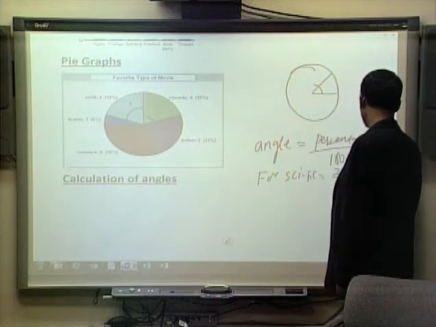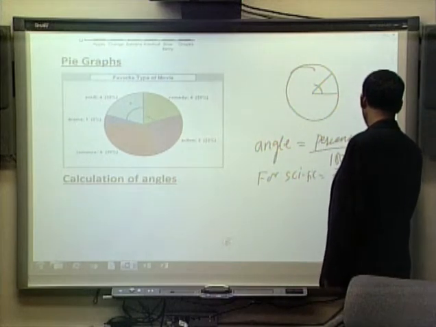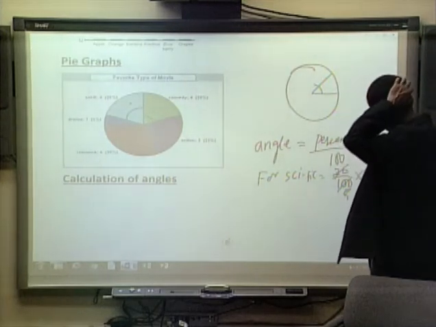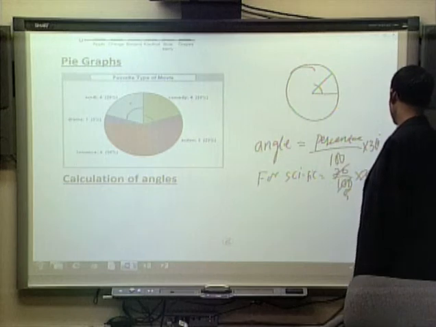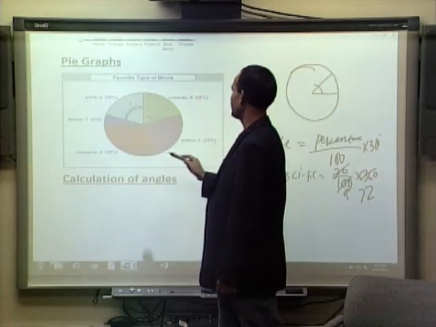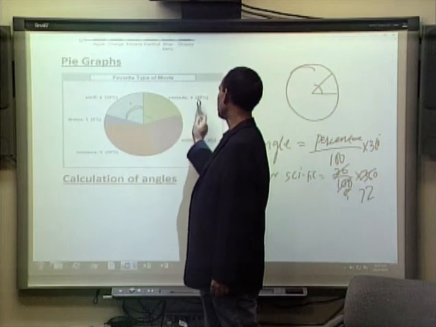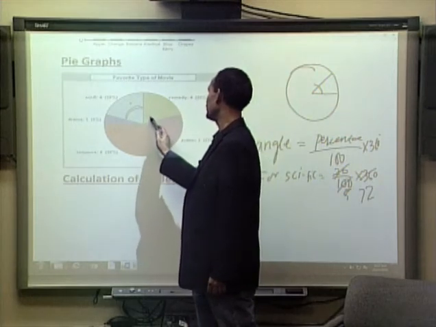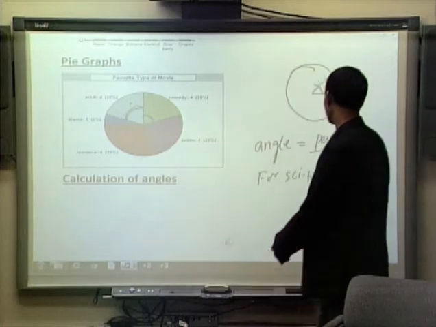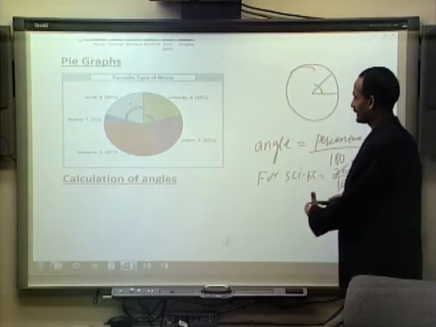So 360 simplified, 72. So this angle for science fiction has to be 72, and similarly because comedy represents 20%, this angle has to be 72. Action represents 25%, so we do the same calculation for action.